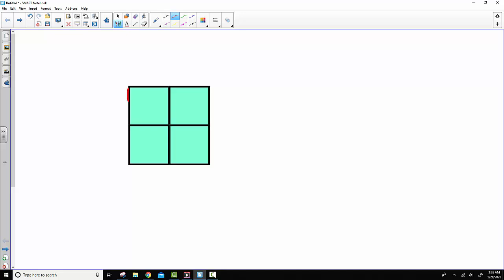So for our first example, we can see that the outside edge is completely on the outer edges of this figure. We can see that there are 2 units on one side, 2 units on the bottom, 2 on the opposite side, and 2 at the top.